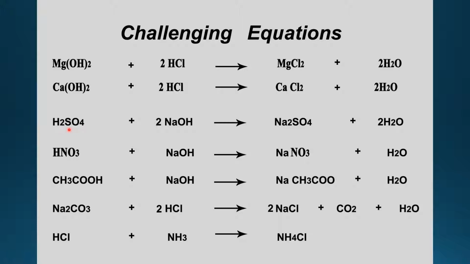Sulfuric acid, diprotic. I find students still get it wrong sometimes. So you need to have 2 bases. Sodium sulfate. How to write sodium sulfate? Na is 1 plus, sulfate is 2 minus, so you need 2 sodium. Nitric acid. I find some students still don't know how to write nitric acid.